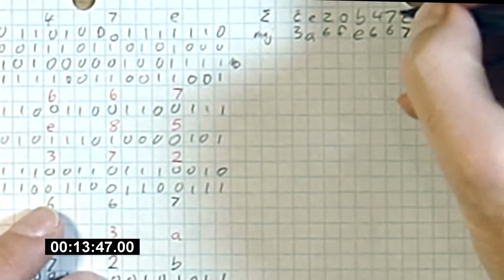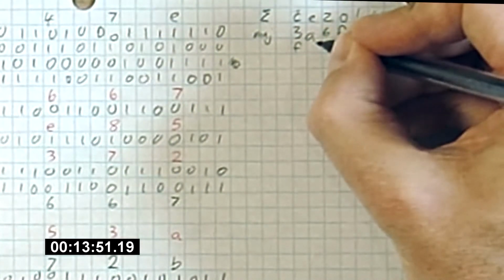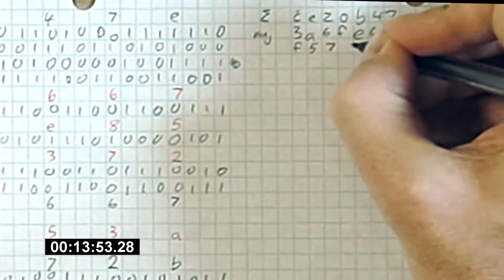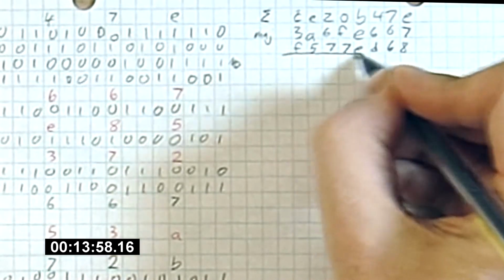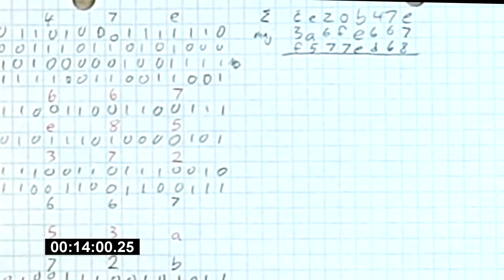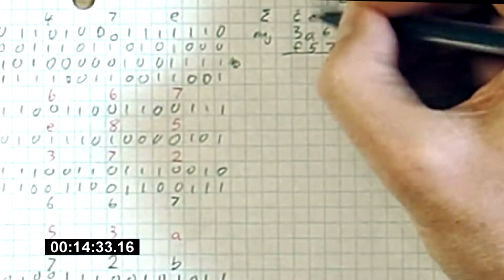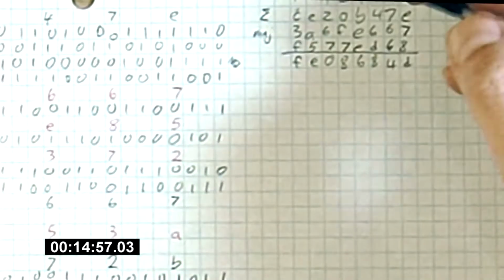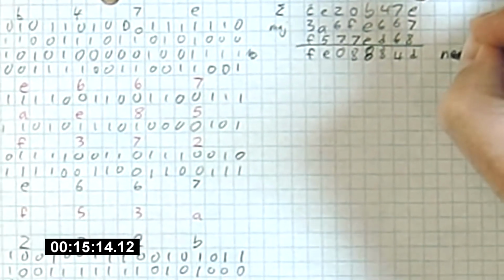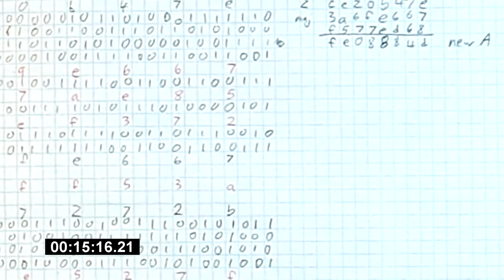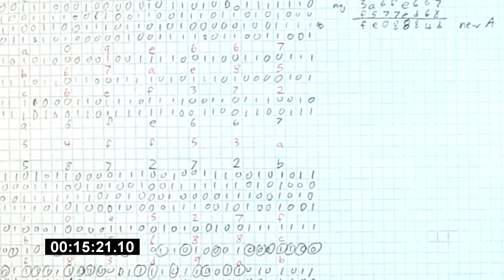And finally we take our previous sum, which is F577ED68. And we just add these up in hexadecimal. So now this is our new A value. So after all this work, we've calculated one of our new values for the output.